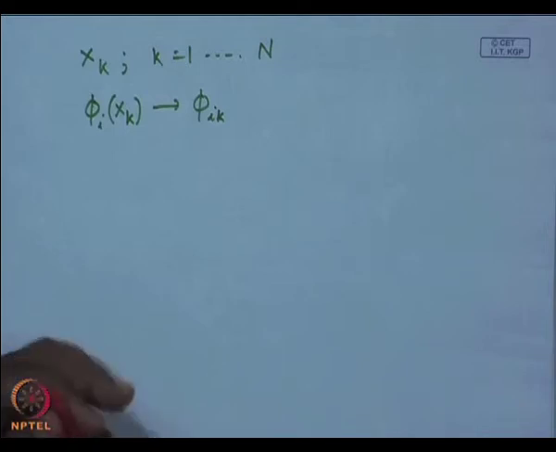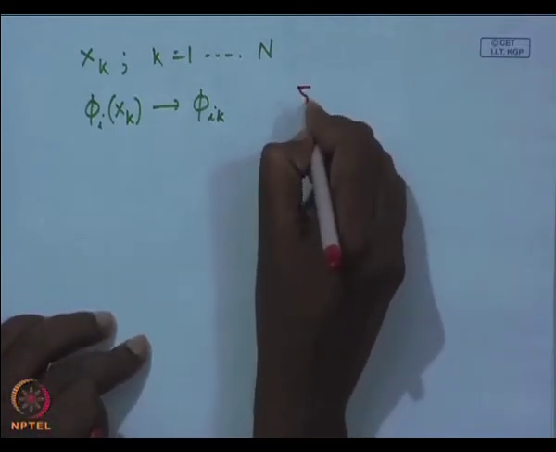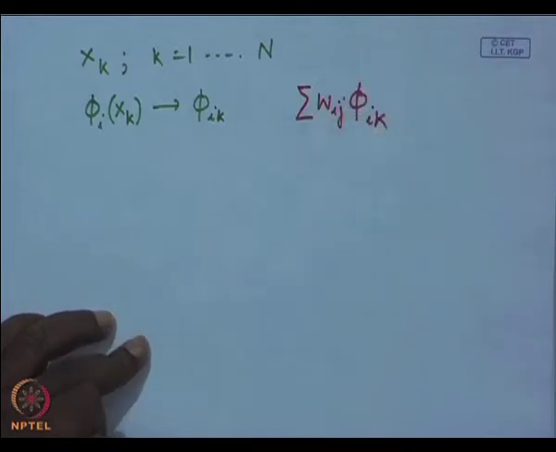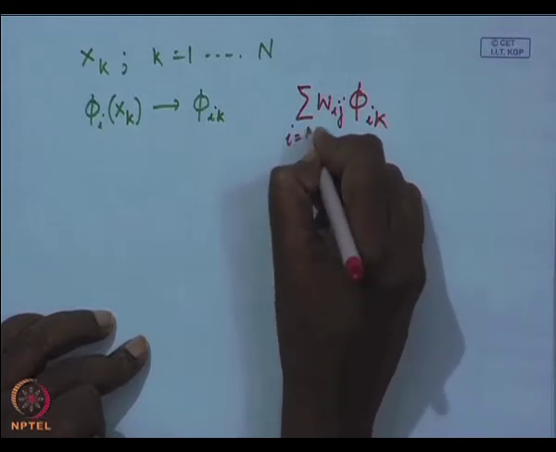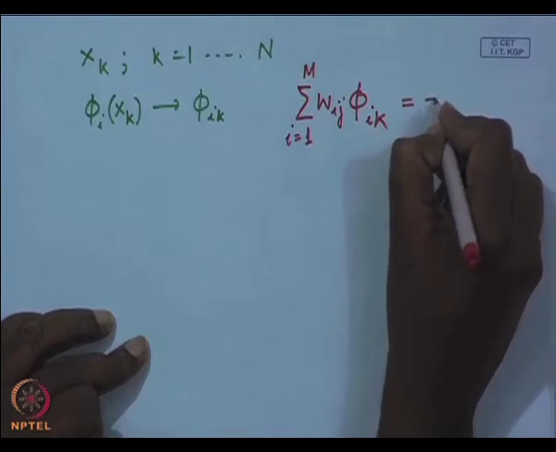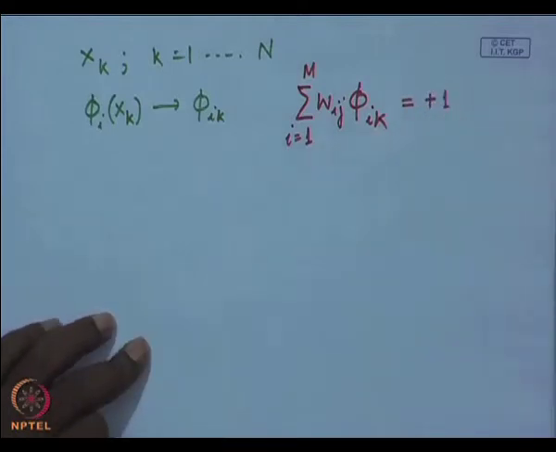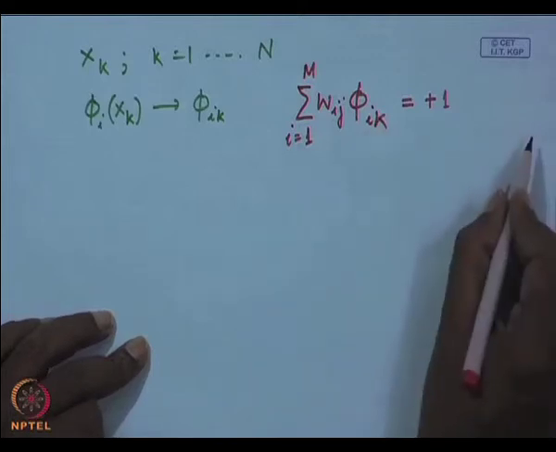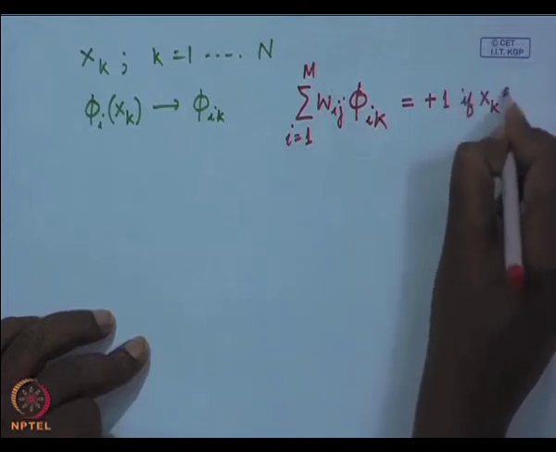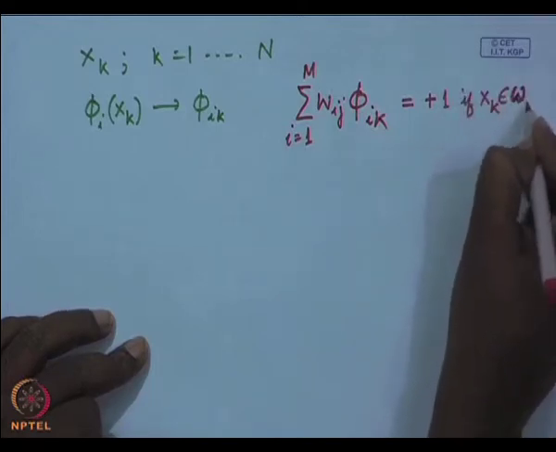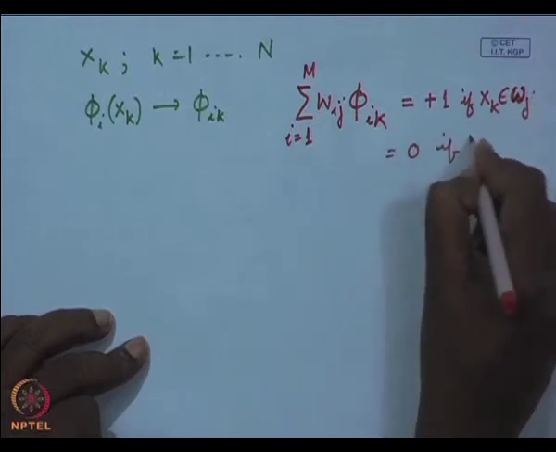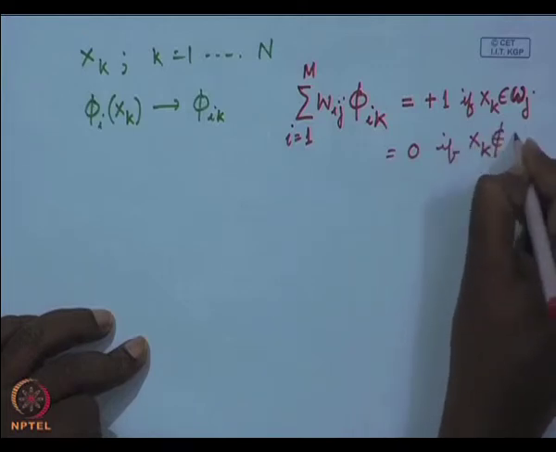So, my condition is, if you remember this one, the sum of W i j into phi i k for i varying from 1 to m has to be equal to plus 1 if x k belongs to class omega j, and this has to be 0 if x k does not belong to omega j.